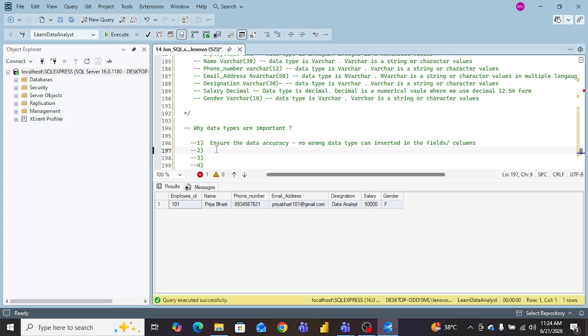Now, second, improve the performance. How can we improve the performance? Any idea? Like, you are a QA engineer and you have to test the quality of the services.